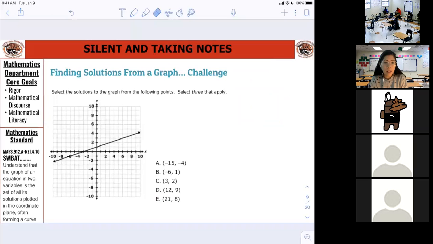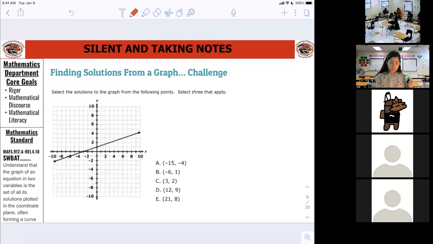So I have a line on a graph. I can see some of the solutions, but most of the answer choices are located outside of the box of the graph. But does that mean that the line stops there, or does the line keep going?